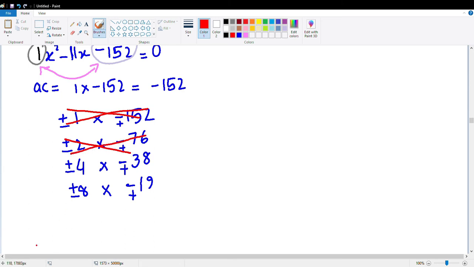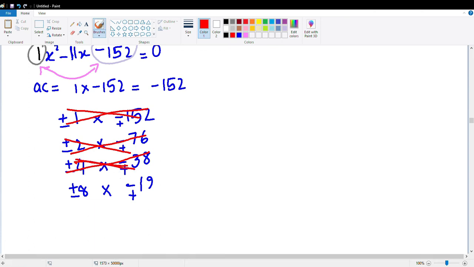So goodbye. Then we have 4 and 38. So 4 minus 38 will be minus 34, and that's not what we're looking for. We're looking for minus 11, as you can see over there. Minus 4 plus 38, what will that give us? It will give us positive 34, and that's also not what we want. So cross that out.